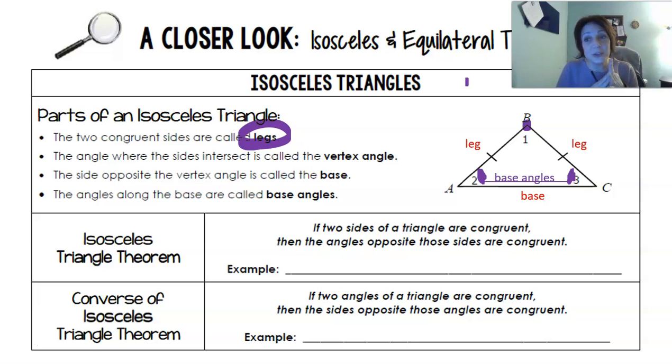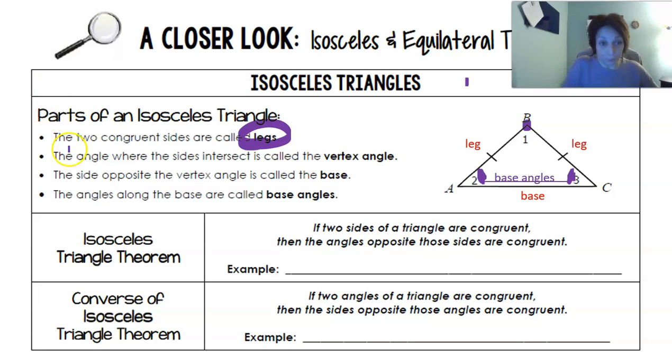So if somebody tells you that a triangle is isosceles, they're actually giving you 2 pieces of information. They're saying directly that there's 2 sides that match. The legs match, but they're also secretly saying that the base angles match. In other words, the 2 angles across from the sides that match, they match too.